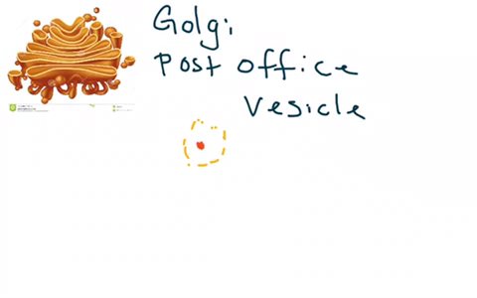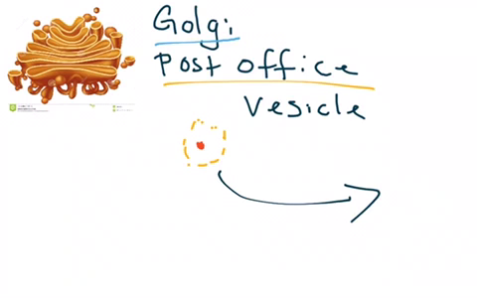And after it's done putting it in the vesicle, it's going to ship that wherever it needs to go. Could go to another cell, could stay inside of that cell. The Golgi apparatus receives proteins and lipids, modifies them, and then ships them off to their destination. So that's why it is described as the post office of the cell. Okay?